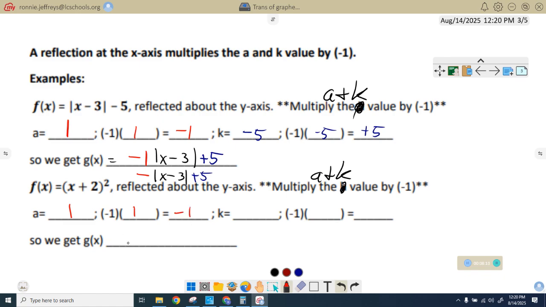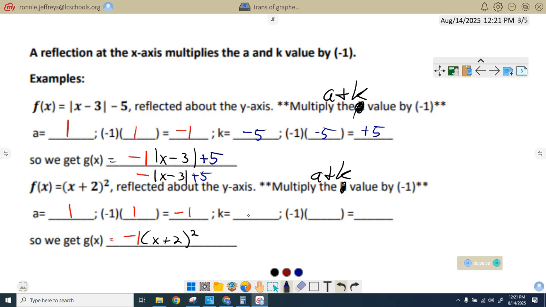So we can actually write a negative 1 right here. I've never understood why some teachers get really bent out of shape if a student writes a negative 1 instead of a minus.